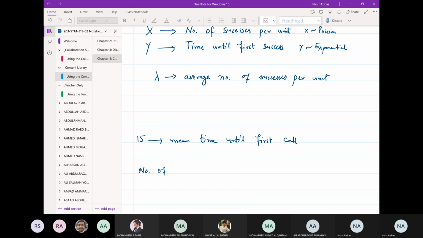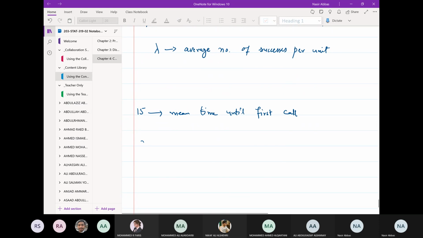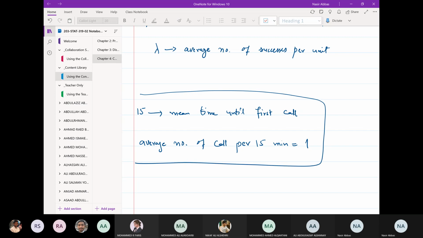Indirectly, I can write the same information as the average number of calls per 15 minutes equals 1. Can I write the same thing in this way? Yes. So lambda per 15 minutes is 1. The second one is in terms of lambda, the first one is in terms of time, and these two are the same thing. This one is given in terms of 1/lambda and this one is given in terms of lambda.